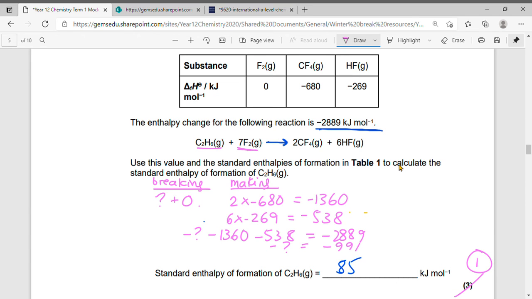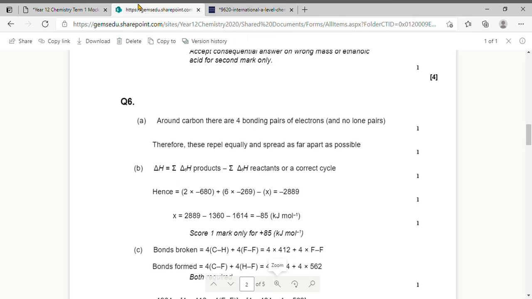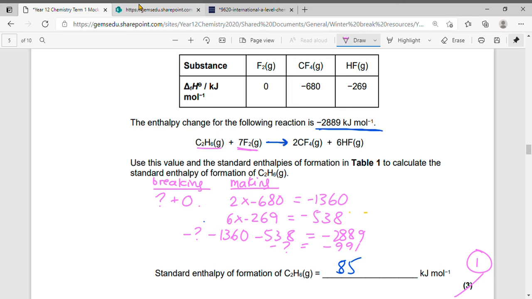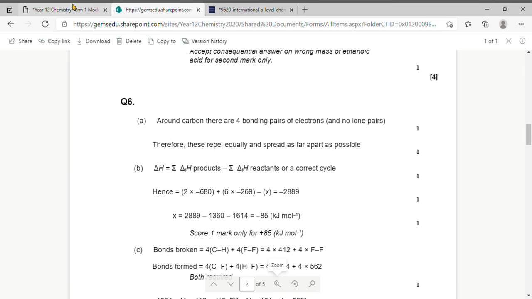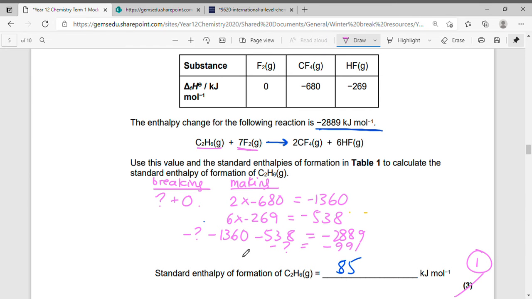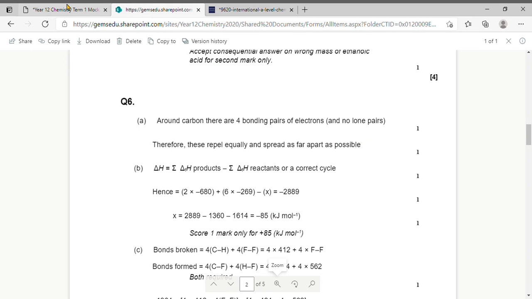No, that can't possibly be right. Why is this the case? I don't understand. 2 times negative this plus this minus x.